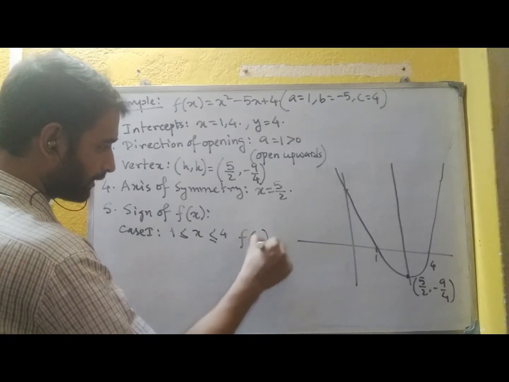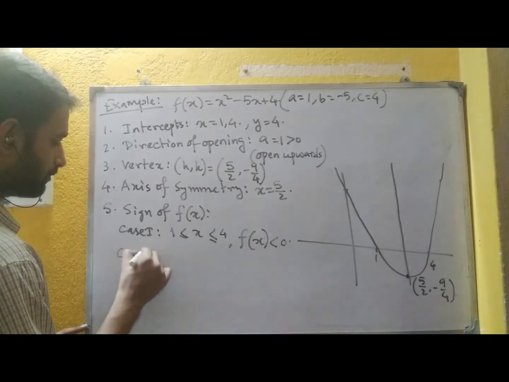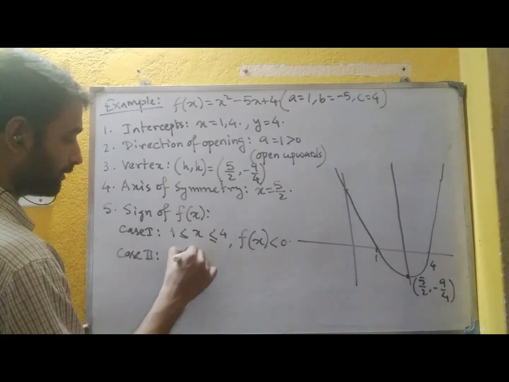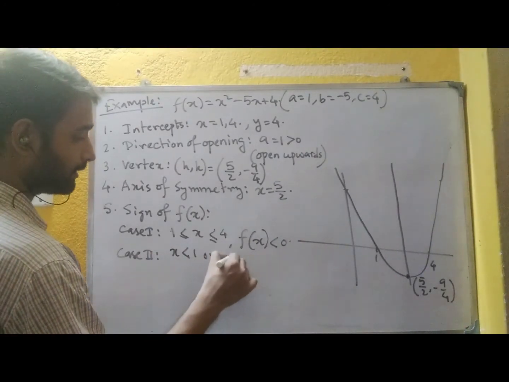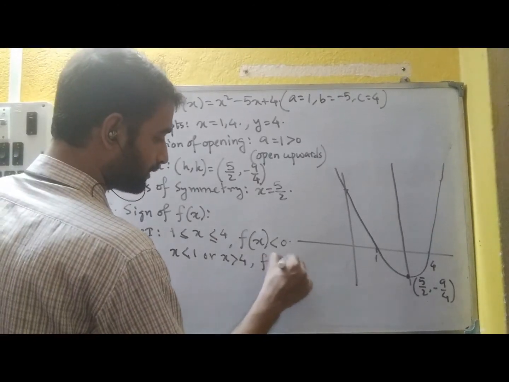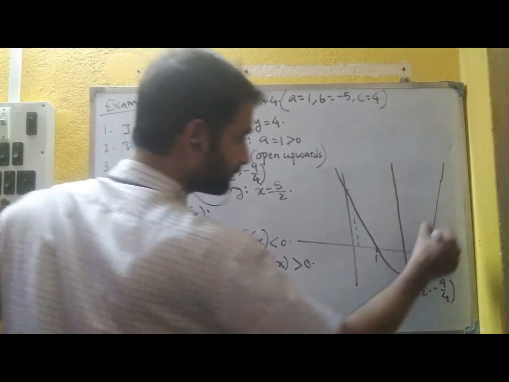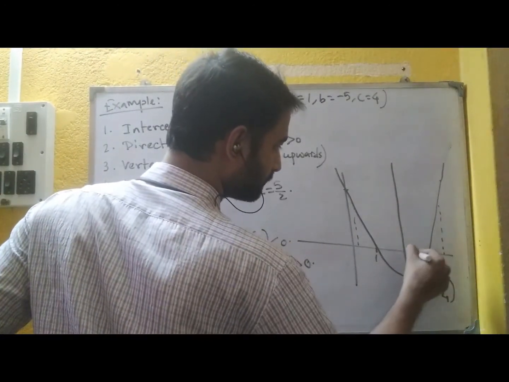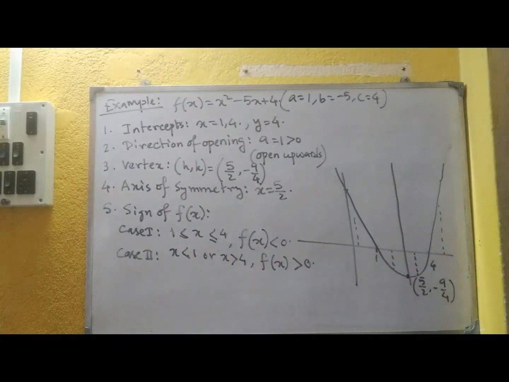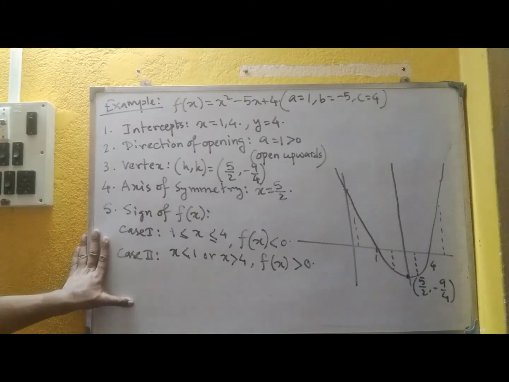So you can say that f(x) is less than 0, and in case 2, if you take either x less than 1 or x greater than 4, then you will see that f(x) is positive in this region.